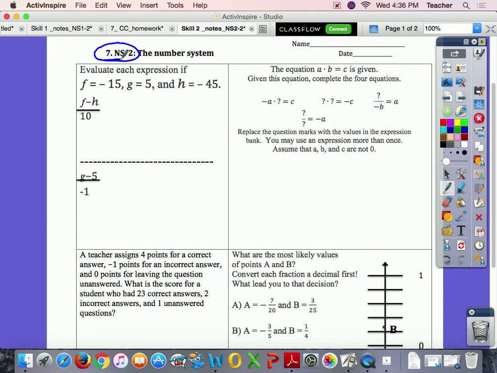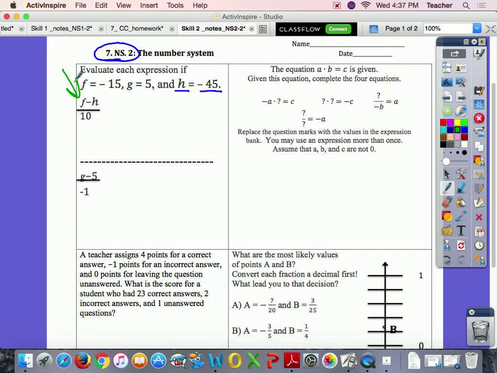Evaluate each expression if the following: f equals negative 15, g equals 5, and h equals negative 45. When we have letters and values, and we know we have to plug those in, if we look at our problem ahead of time, what is that called?